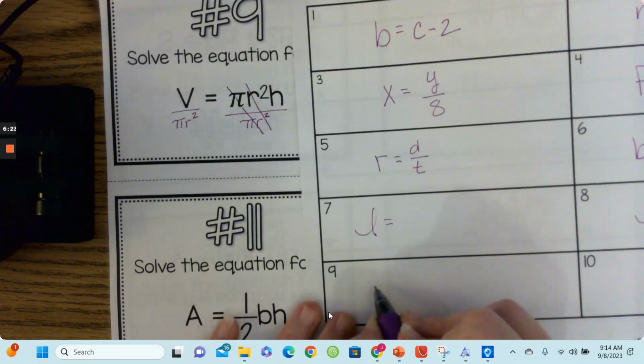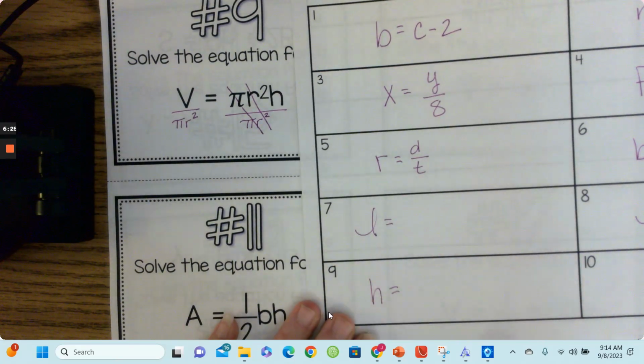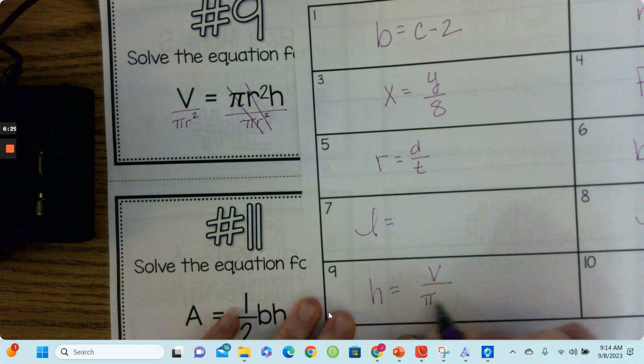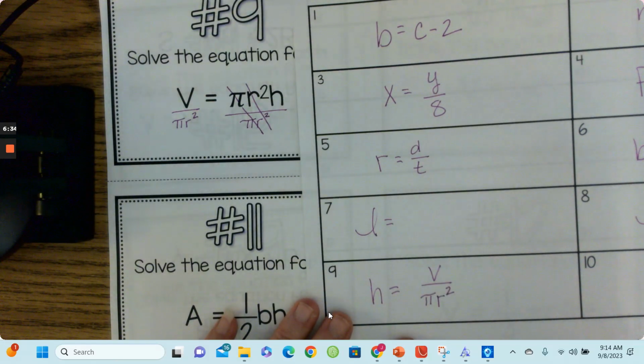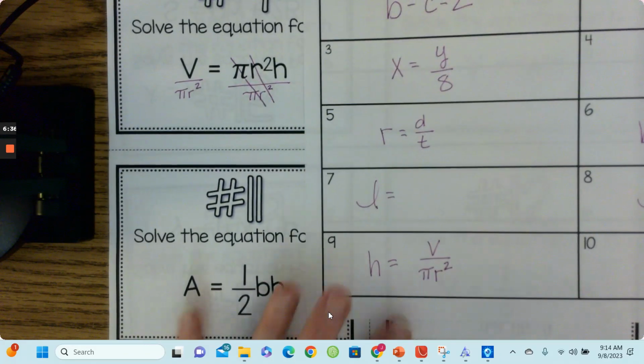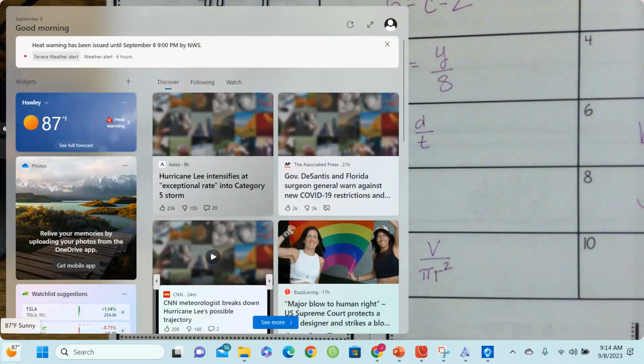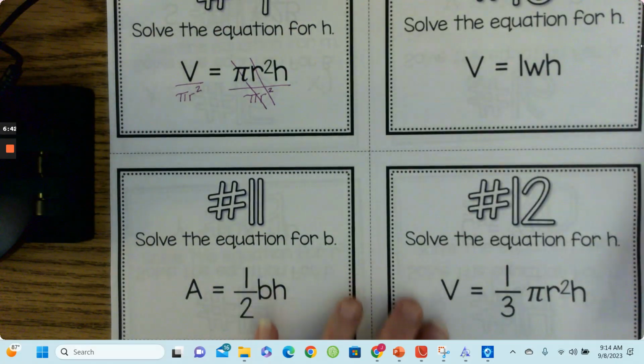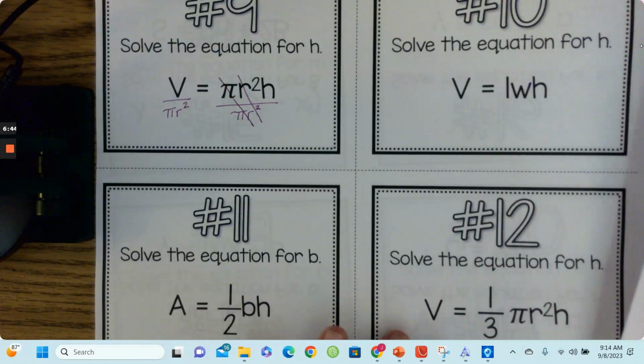So again, I'm going to start with the h. So I want the letter I'm solving for on the left. And then v over pi r squared. So a lot of the time in these, we are just moving pieces. That's it. I'm going to leave number 10 for you.